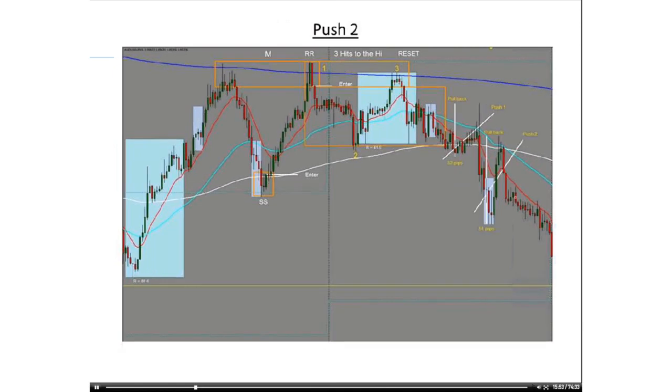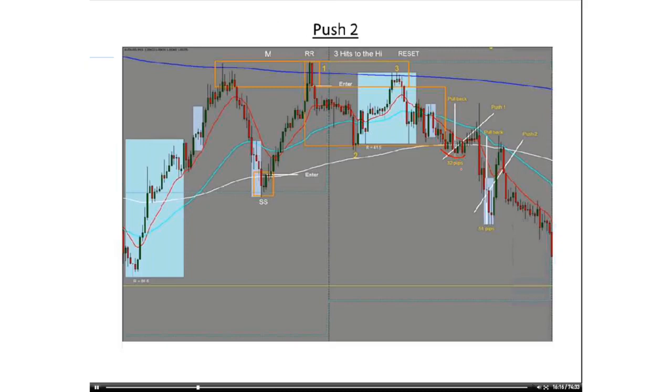And this would be my push 2. I put the pullbacks in because I know the pullbacks are very, very important. If it's just stuttering around here and it drops from here, it was all part of this, and this would be my push 1. You see what I'm saying? So the pullback is vital after they close below.